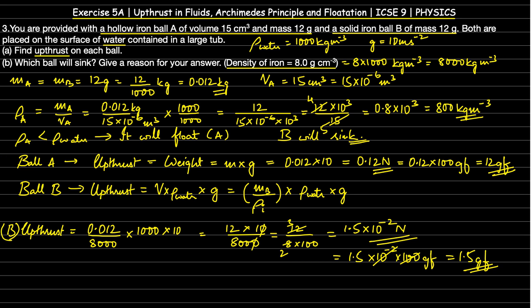So that was a slightly difficult question, I would say. So coming to the next question: a solid of density 5000 kg per meter cube weighs 0.5 kgf in air.